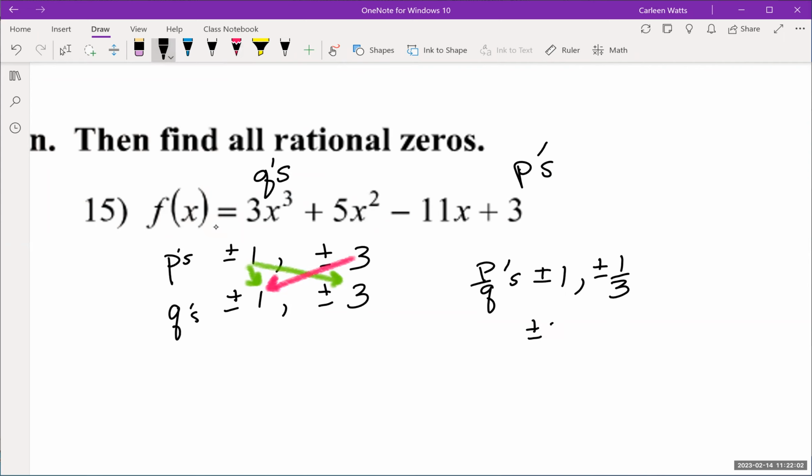Plus or minus 3 over 1. And 3 shakes hands with 3. Plus or minus 1, which we have a duplicate. We're going to take that one out because we already did it the very first one.